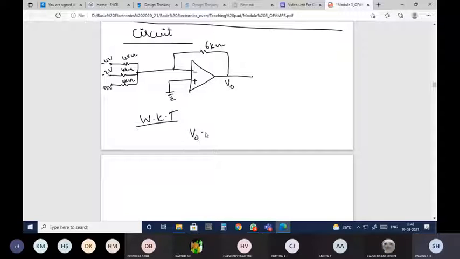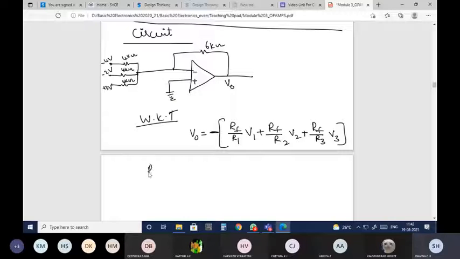V naught is equal to minus of Rf by R1 into V1 plus Rf by R2 into V2 plus Rf by R3 into V3. Okay, so what is R1? R1 he has given us 4 kilo ohms.